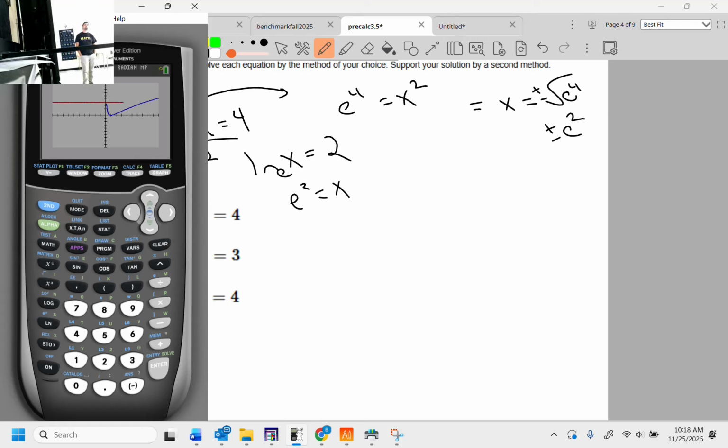Oh, it's only going to show you the positive one, isn't it? Good. All right. So, if you do it the other technique here, you just have to kind of think about don't be the negative. You see the justification by looking at the graph? Don't be the negative. It's extraneous.